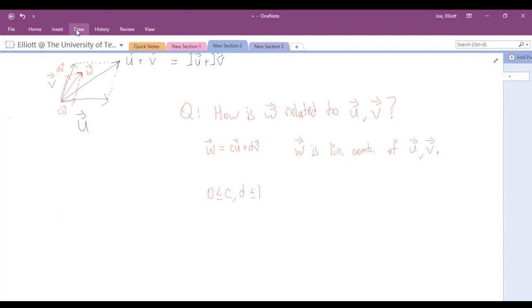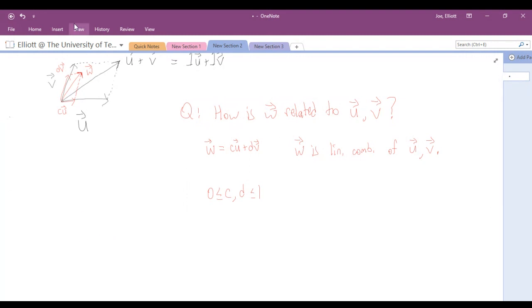All right. Now, if I draw any other vector inside of this parallelogram, you can make a similar conclusion. So any vector in this parallelogram is going to be a linear combination of u and v, where the scalars, the coefficients of u and v, are between 0 and 1.